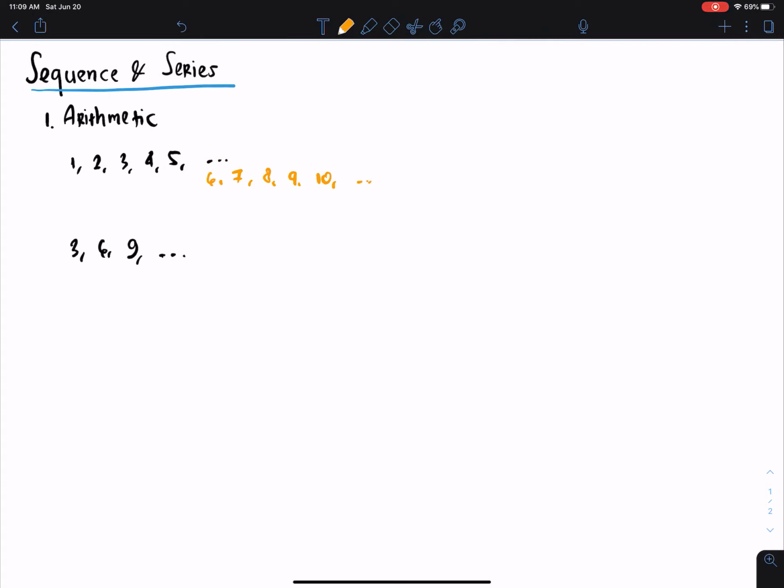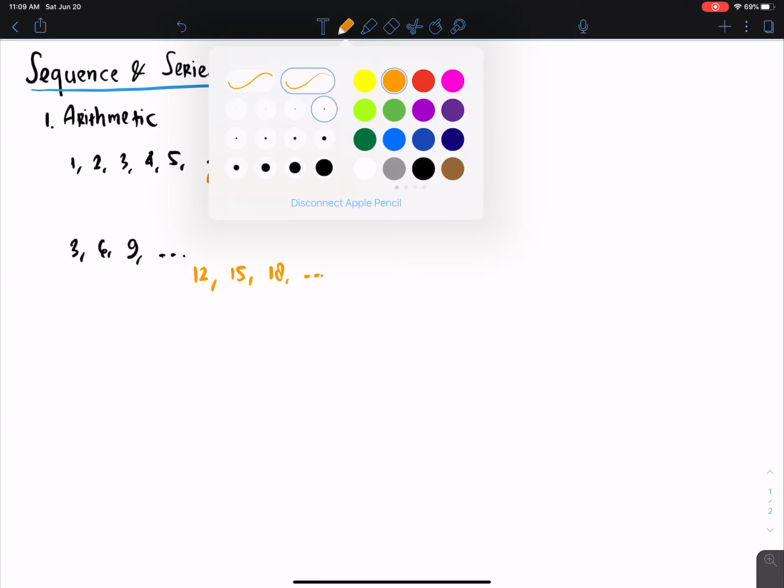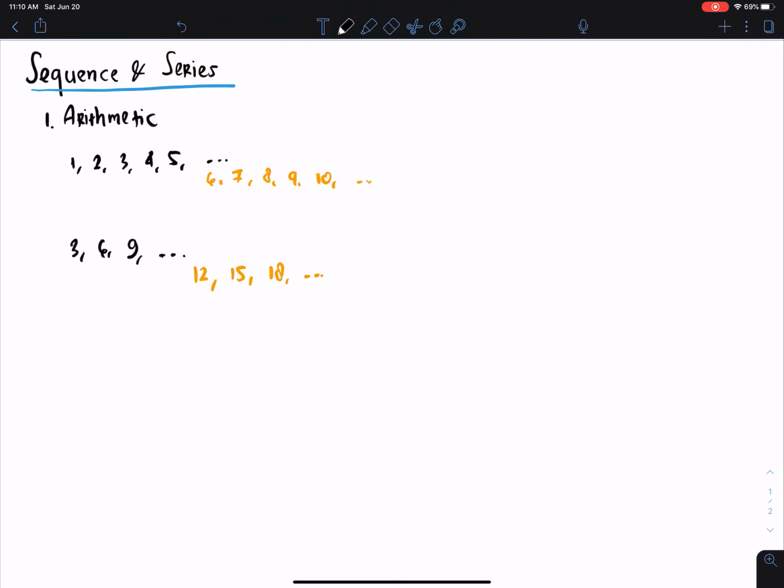The next numbers will be 12, 15, 18, and so on. Or another example, 5, 10, 15, where the next numbers will be 20, 25, and 30.